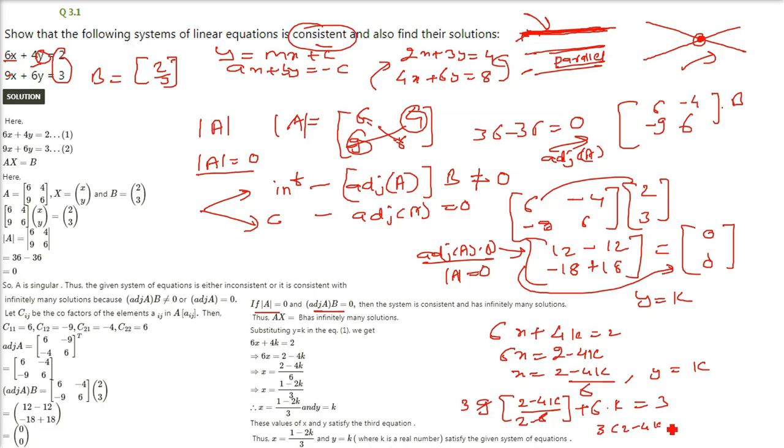So you get 3 into (2 minus 4k) plus 12k equals 6. So 6 minus 12k plus 12k equals 6. This gets cancelled. 6 is equal to 6. That means that it is satisfying also. So clear?